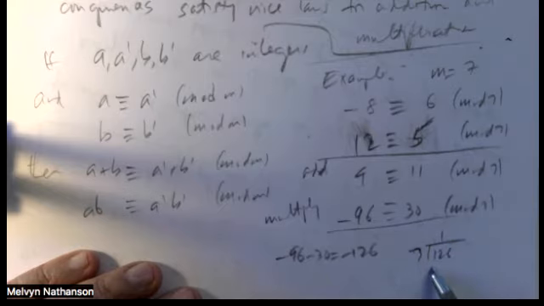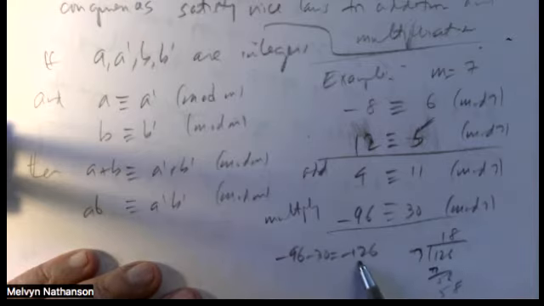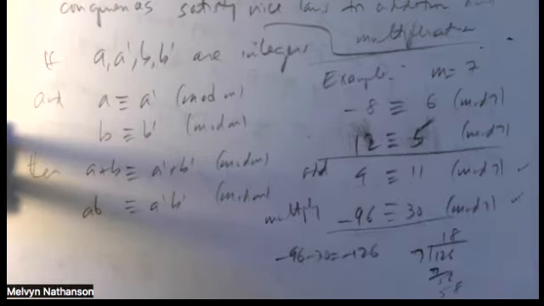If I divide 7 into 126, it goes exactly 18 times. So 7 does divide minus 126. So this is correct also, right? This is just an example of the fact that one can add and multiply congruences.